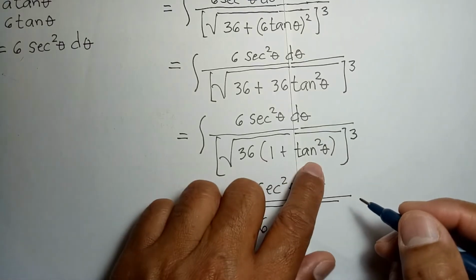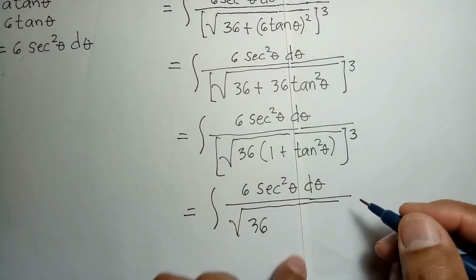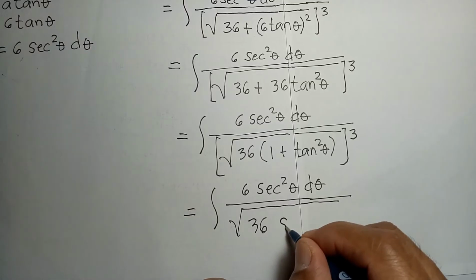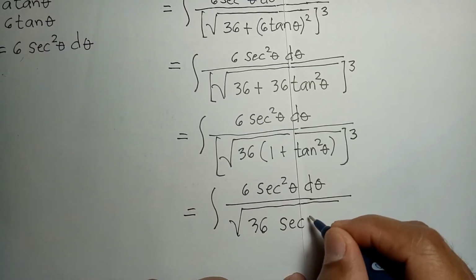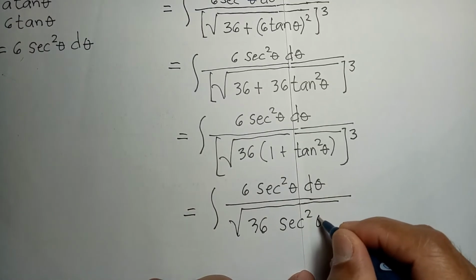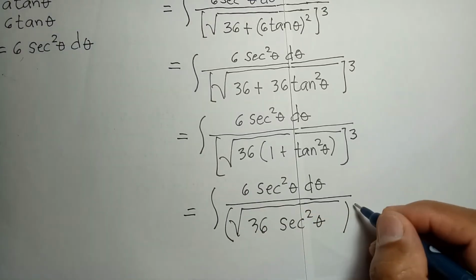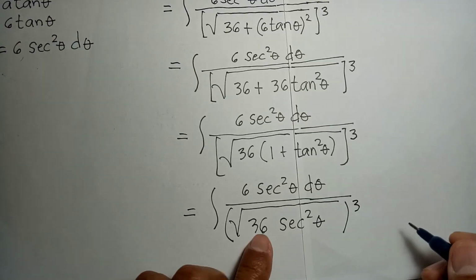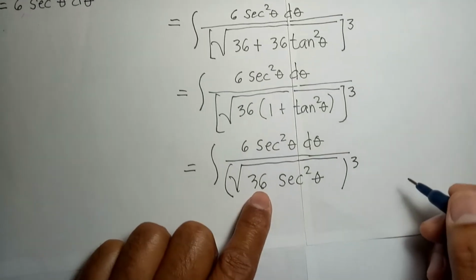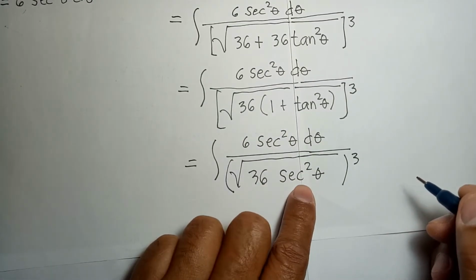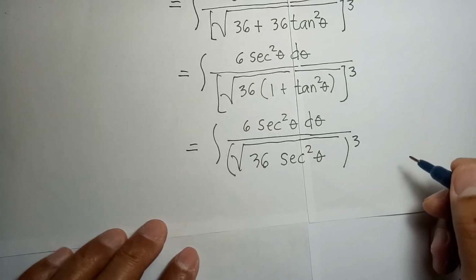At yung 1 plus tangent squared, as I've said, equal siya sa secant squared of theta. So, secant squared theta, raised to 3. So, ngayon, ang square root ng 36 ay 6. At ang square root ng secant squared ay secant.